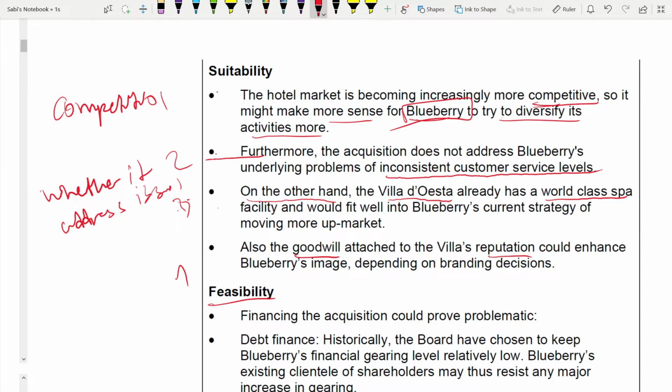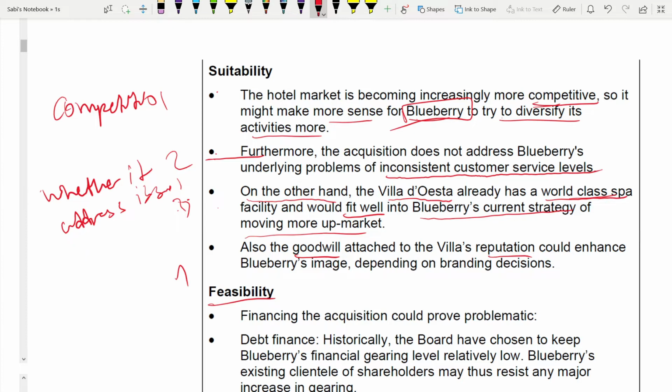This is just in your textbook, that's why it's in bullet points. Forget about it. In your actual exam, don't write it in bullet points. So on the other hand, the owner already has a world class spa, isn't it? If they have a world class spa, it will fit well into their current strategy of moving up market. Blueberry, what do they want to do?